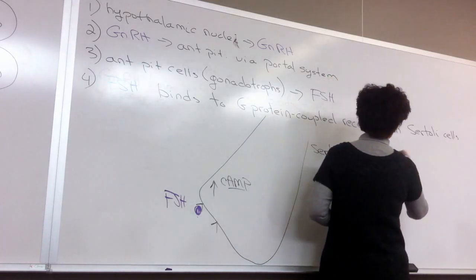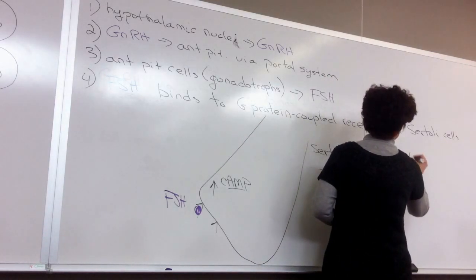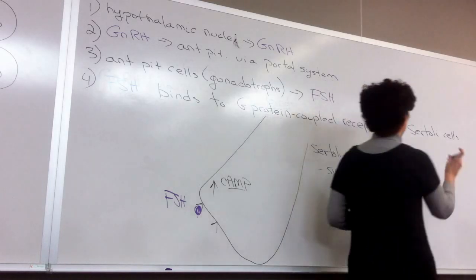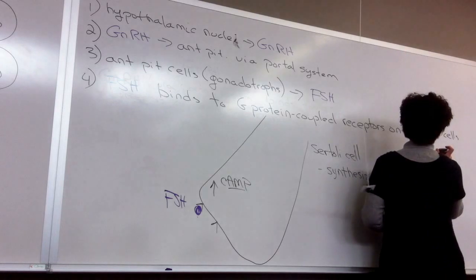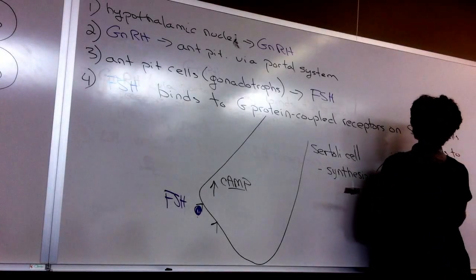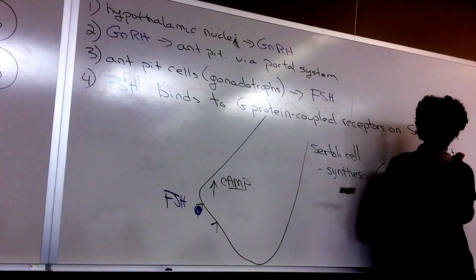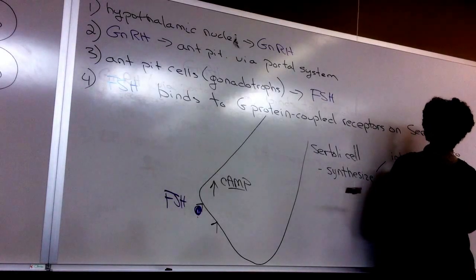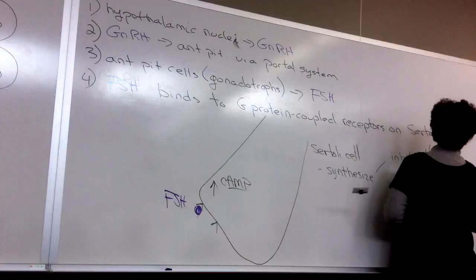One is the inhibin that we discussed earlier. So inhibin binds to anterior pituitary cells and decreases LH and FSH secretion.